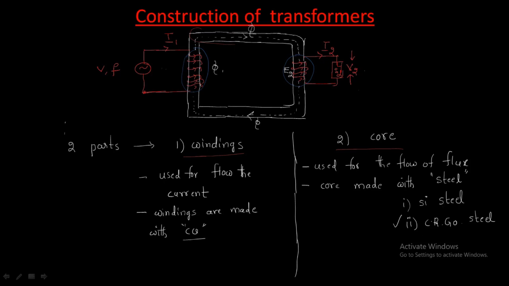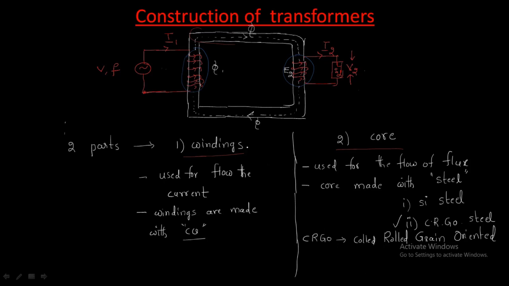It is the latest technology and has more advantages compared with silicon steel. The full form of CRGO is cold rolled grain oriented steel.